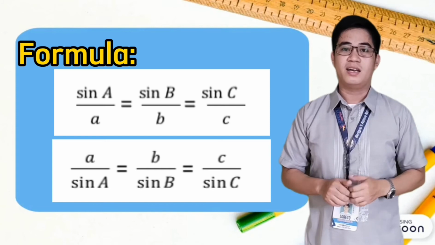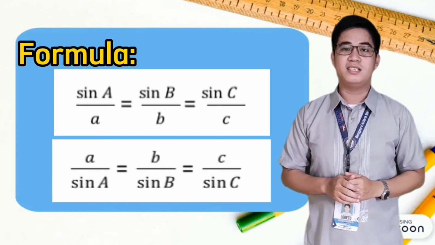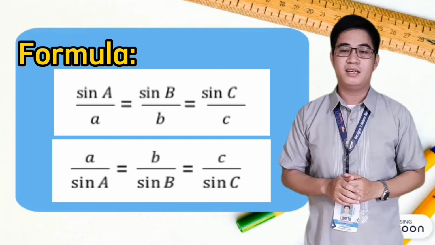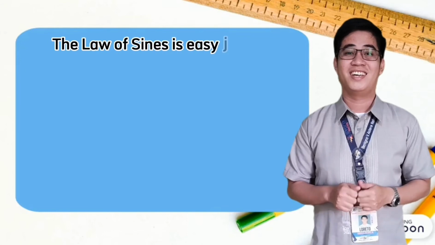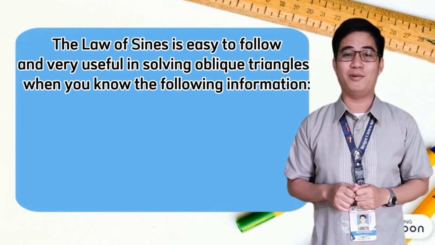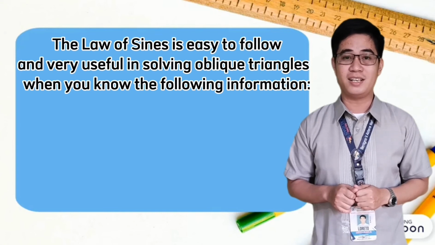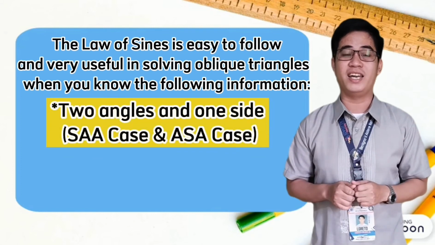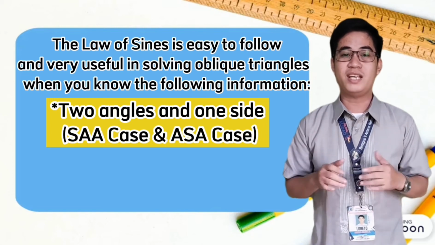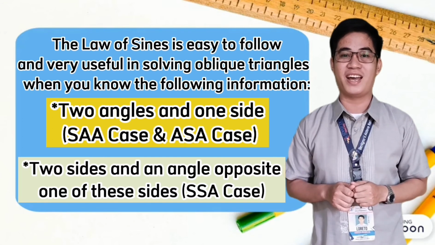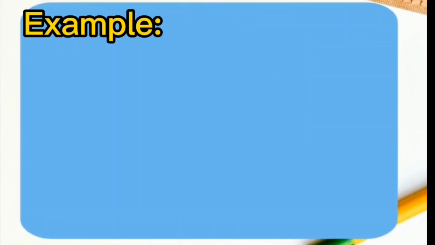Or a over sine A is equal to b over sine B is equal to c over sine C. The law of sines is easy to follow and very useful in solving oblique triangles when you know the following information: two angles and one side, the SAA case and ASA case; or two sides and an angle opposite one of these sides, the SSA case.